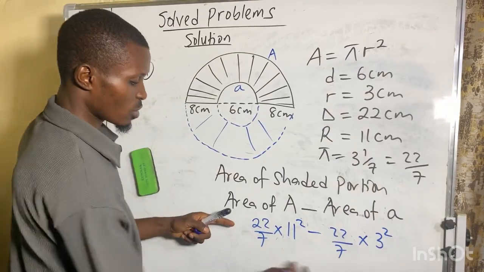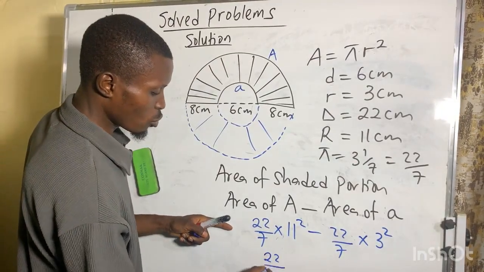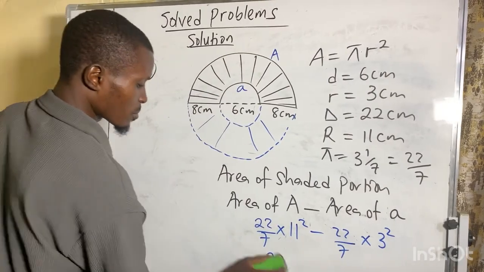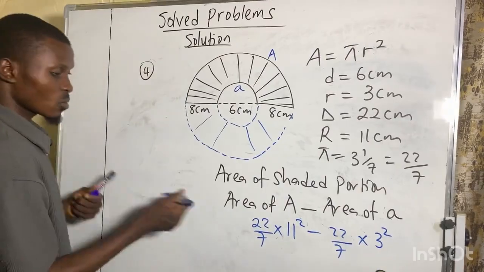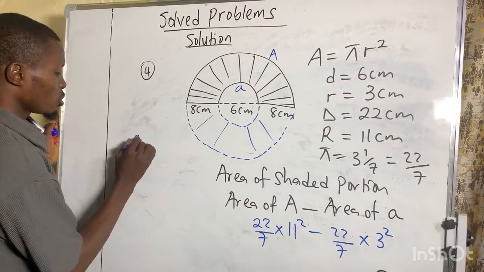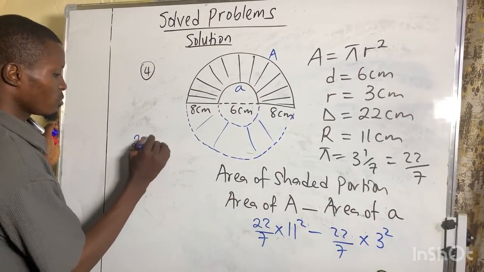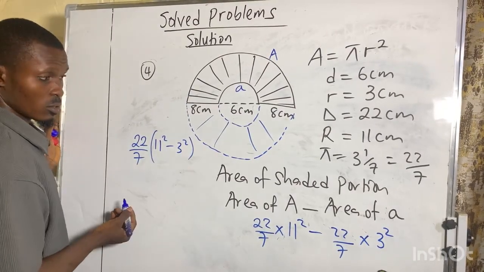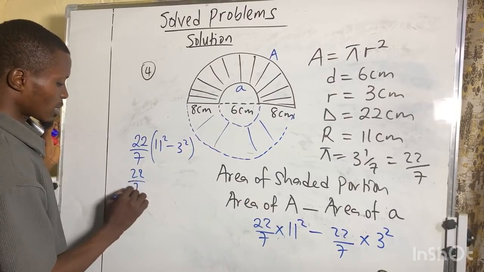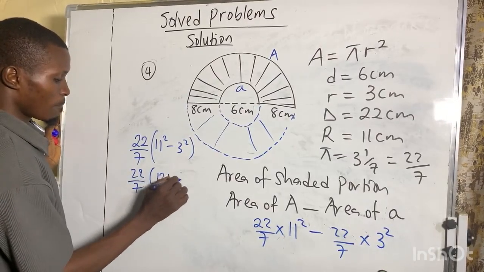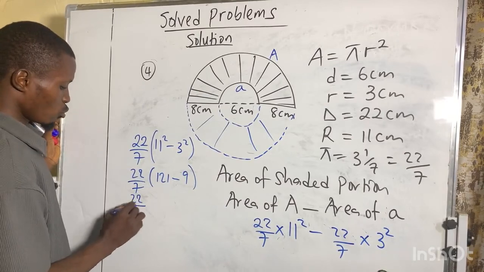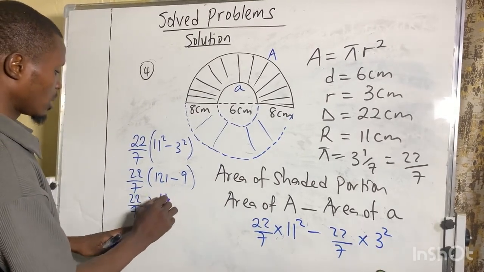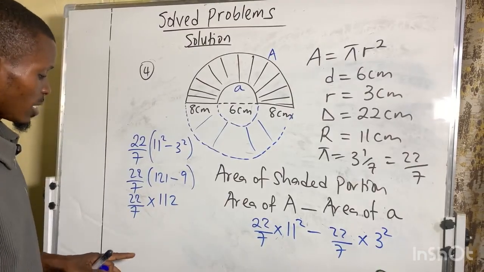Let me factor out 22 over 7. If I factor out 22 over 7, I have 22 over 7 bracket 11 square minus 3 square. That will be 22 over 7 bracket 121 minus 9. 121 minus 9 will give us 112.